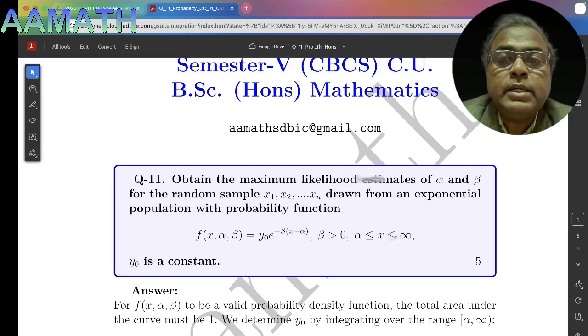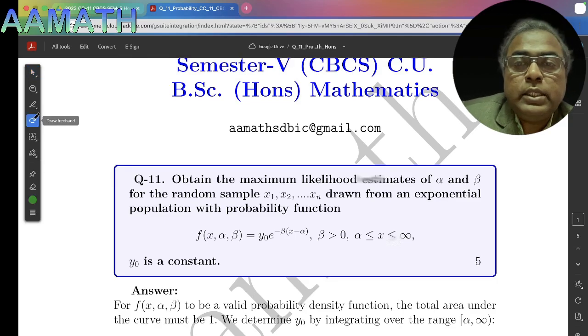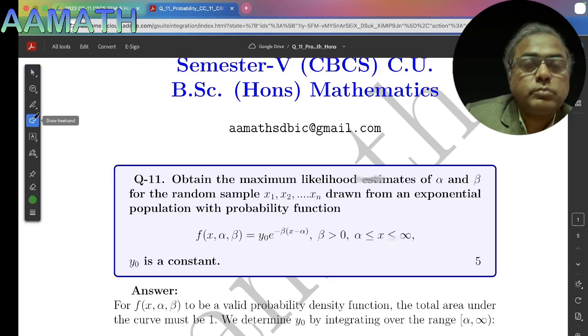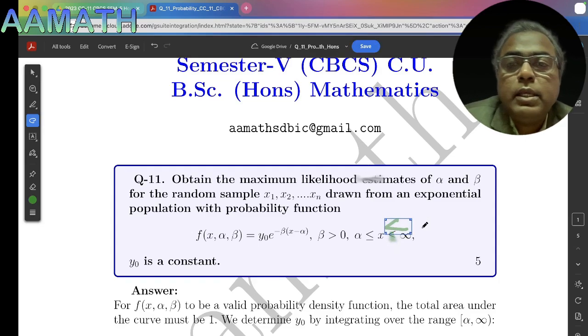Actually it is less than infinity, not less than or equal to.